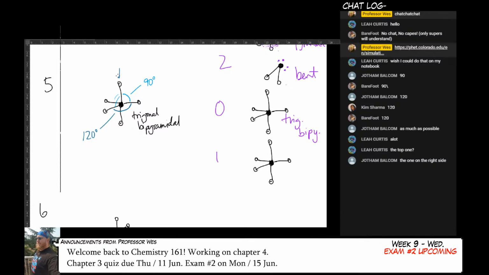So it turns out that this one is closer to stuff, and this one is further, by virtue of there just being a 120 degree angle. So what we're going to do is get rid of the ones that are furthest away first. And because they're further away, that gives us more space to put our electrons in there.